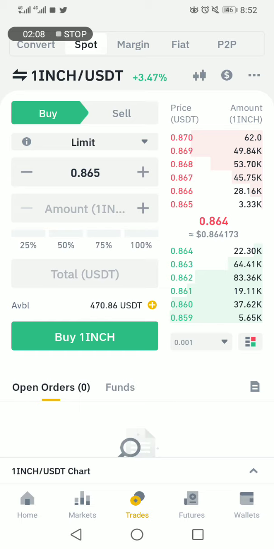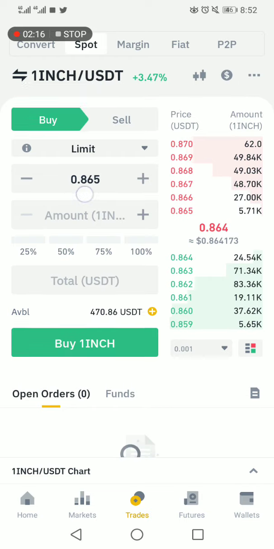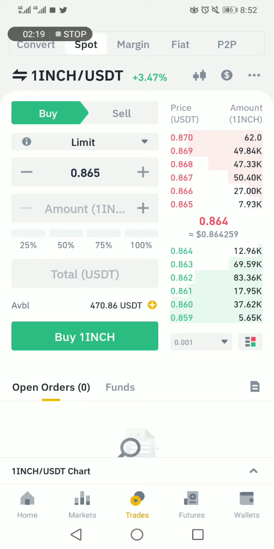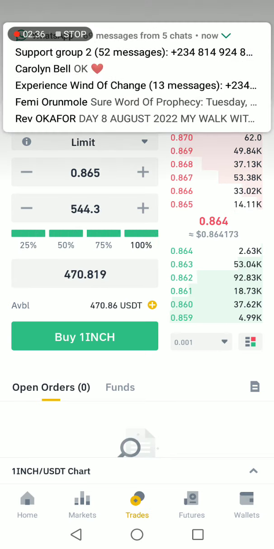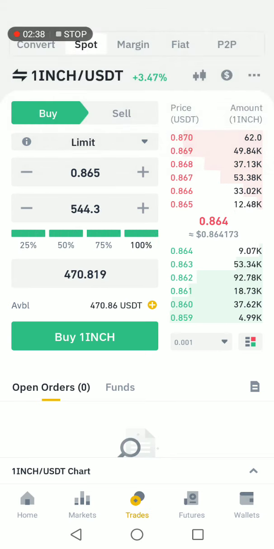Now what this limit order does is that if you watch here closely, you see here is 0.864 and here is 0.865. What this means is that if I click this 100% now, it means I want to use 100% of my capital. I can decide to use 75, 50, or 25. But in this case, I want to use 100% of my capital.